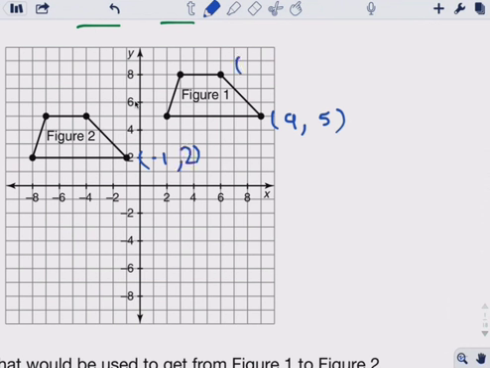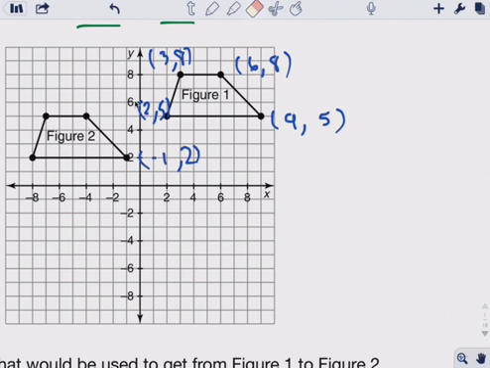This one is 6, 8, and this one is 3, 8, and this one down here is 2, 5.